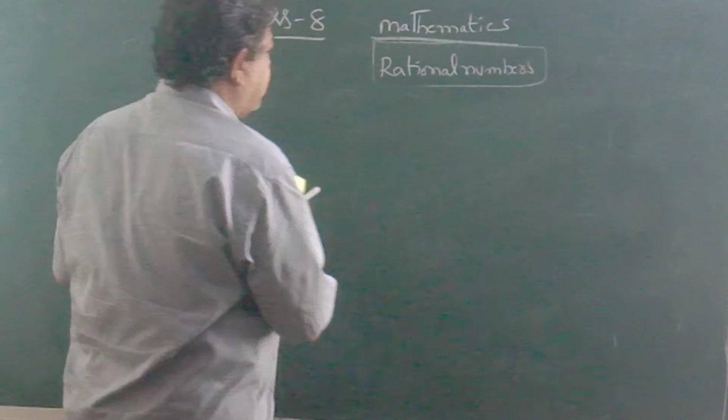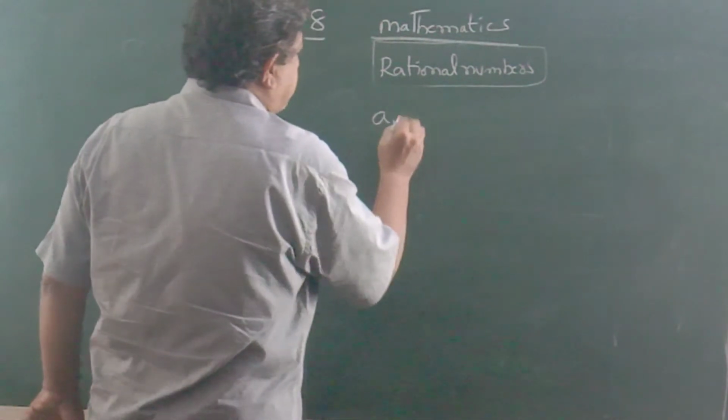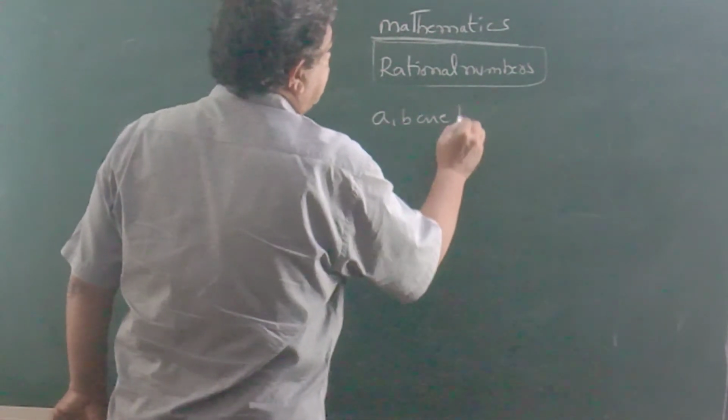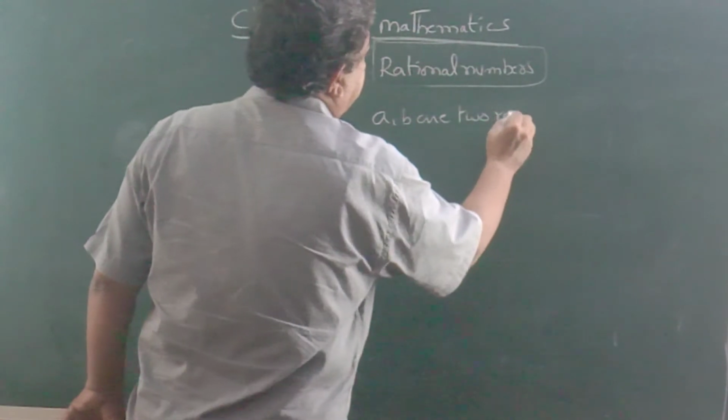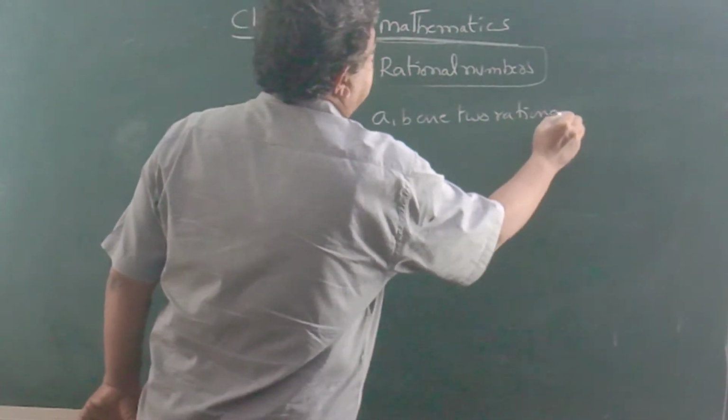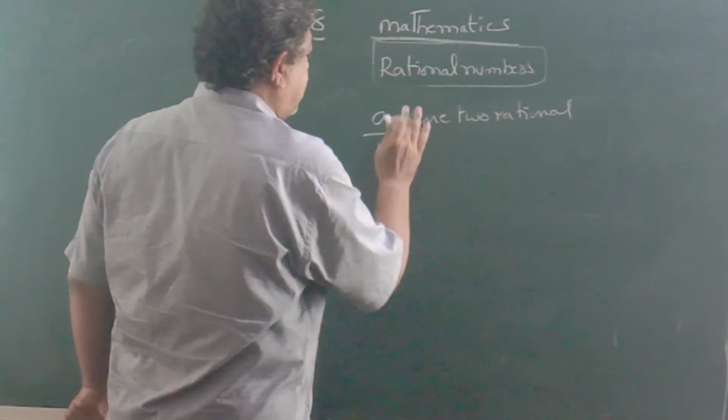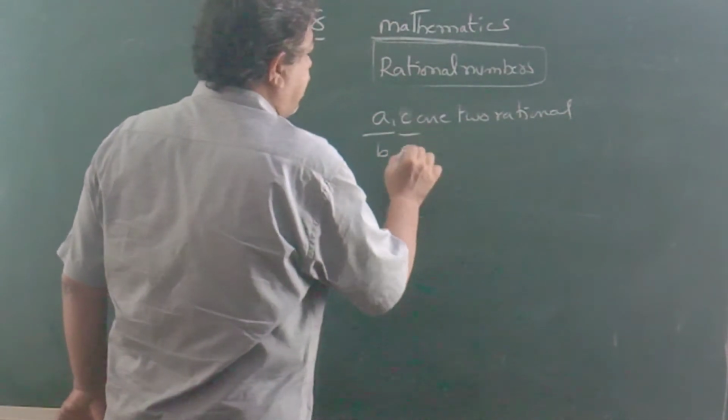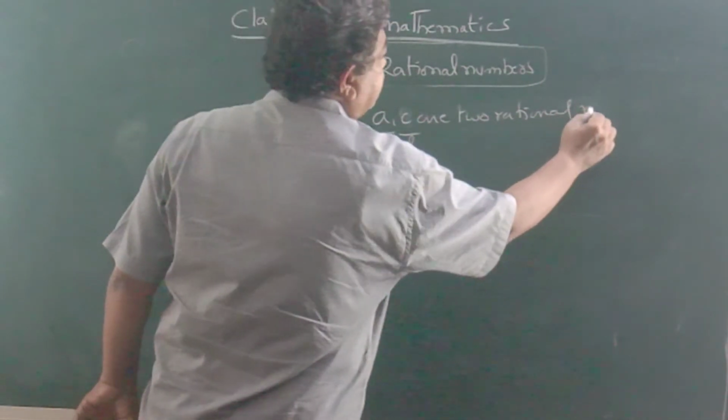In general, we take a comma b are two rational numbers, or you can take a by b comma c by d are two rational numbers.